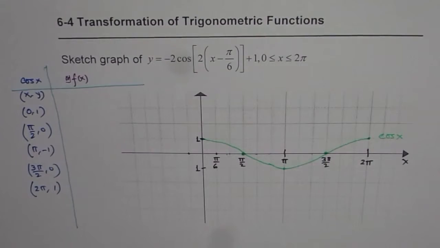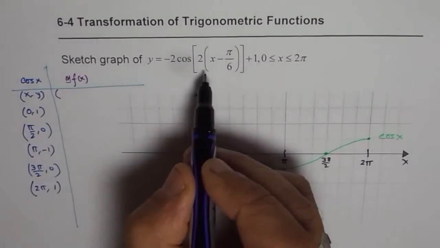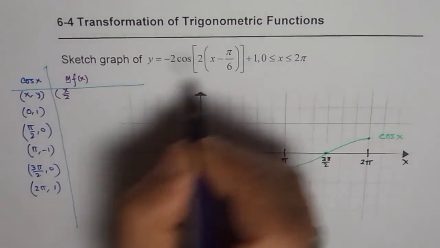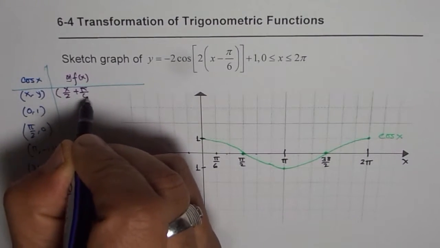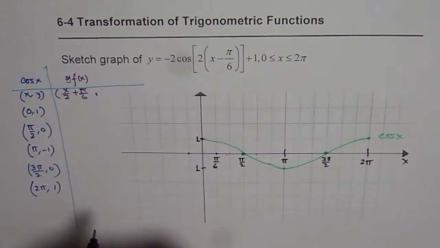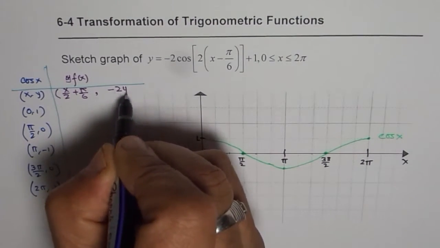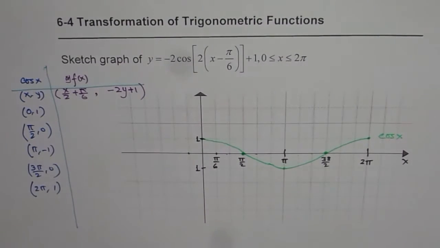Here the points will be transformed. The x values will get halved, so we have x by 2, and then you have to add pi by 6, right? That is how the x values get transformed. The y values get multiplied by minus 2, and then you add 1. So that is the transformation of the points.